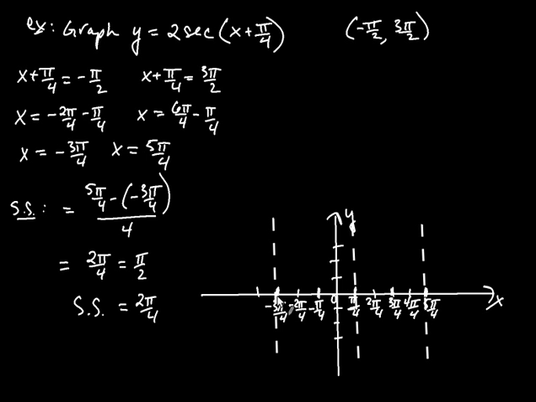So this was our first significant point. Here's our second point. Now remember what secant used to look like. It was like this in that interval, and it was like that in the other interval. So at this point, it used to be 1. So this is 1, 2, 3, negative 1, negative 2, negative 3.